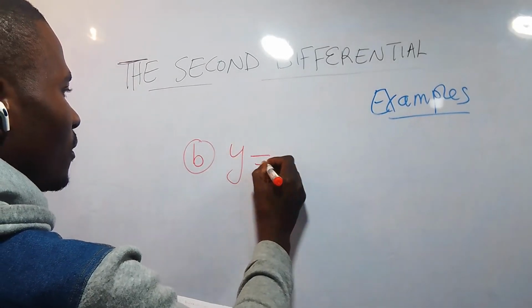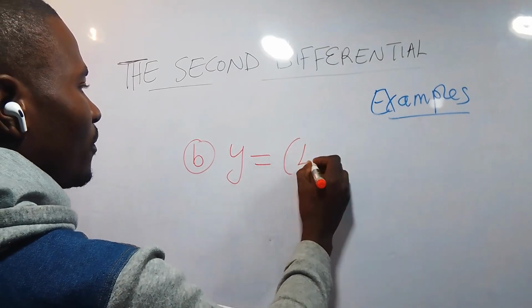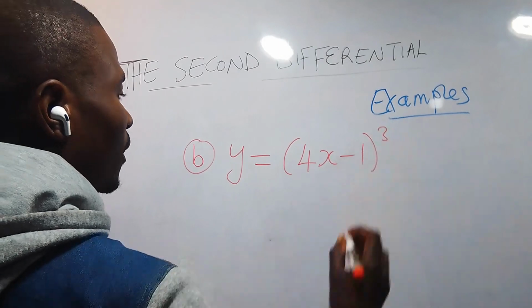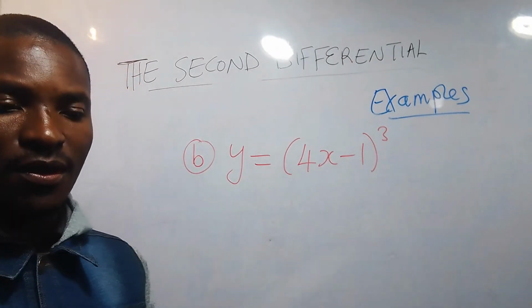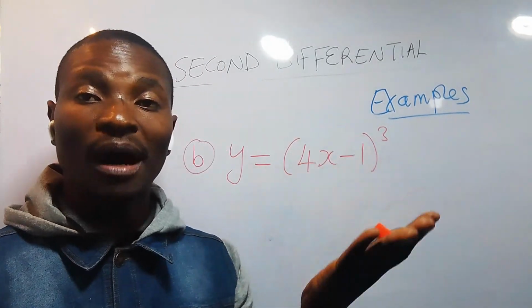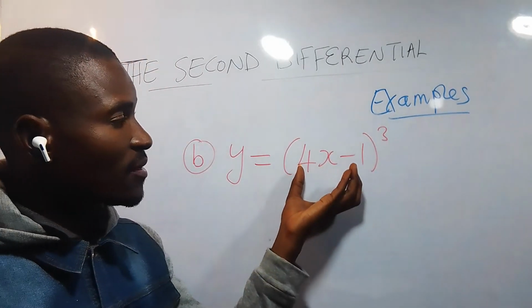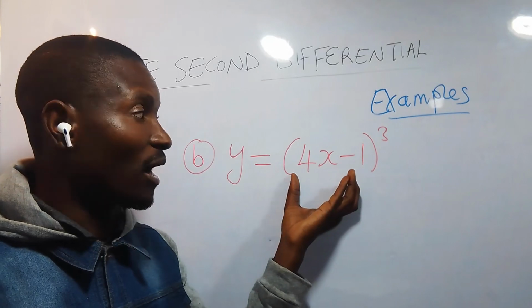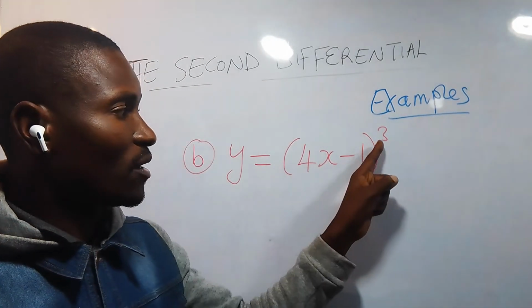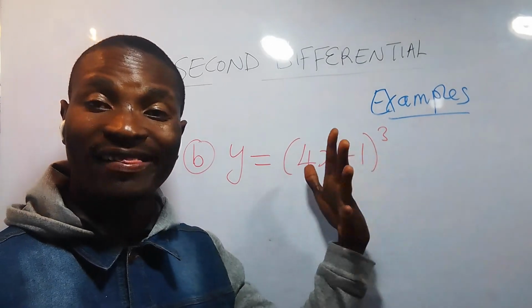So you have y equals (4x minus 1) to the power 3. How can you differentiate something which has a higher power? There is this term in the bracket that we need to differentiate, and you can see that it is raised to the power 3.